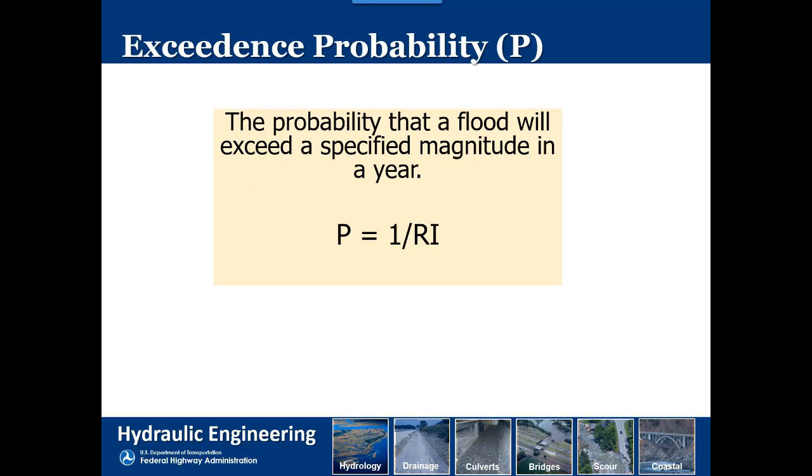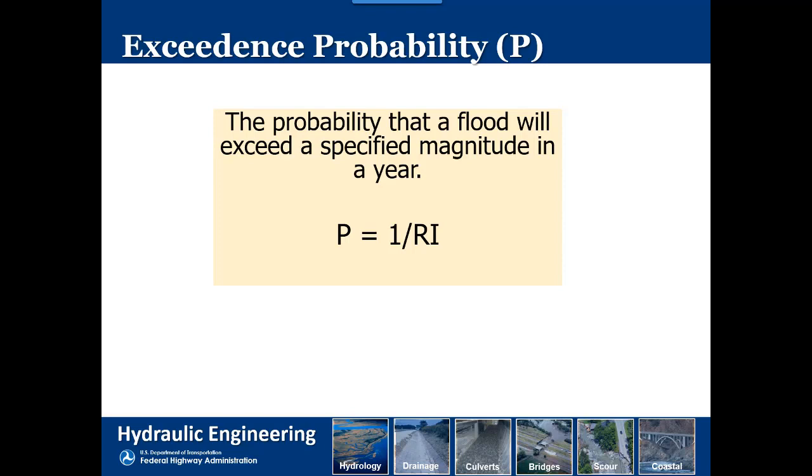If I said a 10-year storm, the probability of seeing that in any given year is 1 over 10, so it's 10%. If I said a 2-year storm, what would be the probability of seeing it in any given year? 50%. Exactly. That's what exceedance probability means.